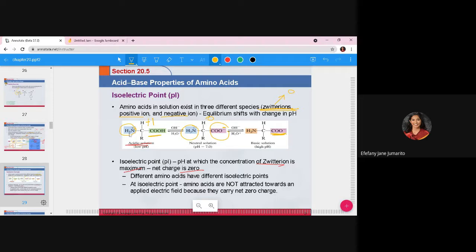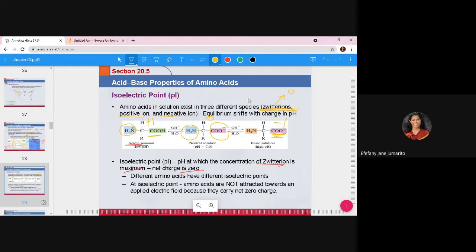In the acidic solution, only the amino group reacted, that's why it became NH3 plus. Under basic solution, only the COOH group reacted and loses a proton, so that's why it became negative. Now what's the net charge here? Negative 1.